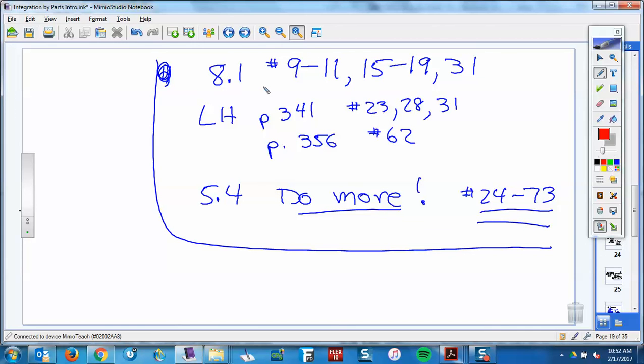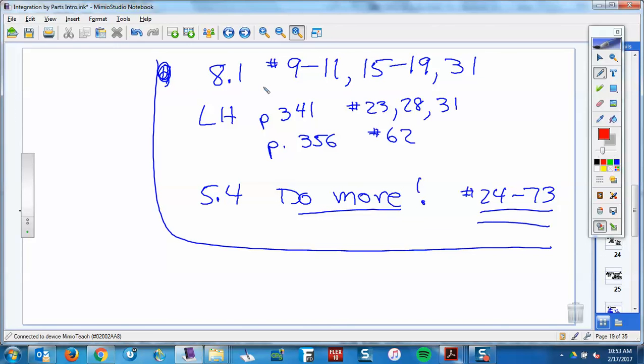So this is actually in chapter 8. Different calc books organize these differently, and different colleges will study these techniques. Usually these techniques are kind of in the break point between calc 1 and calc 2.